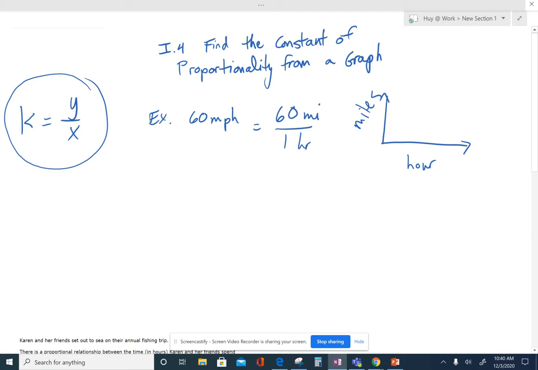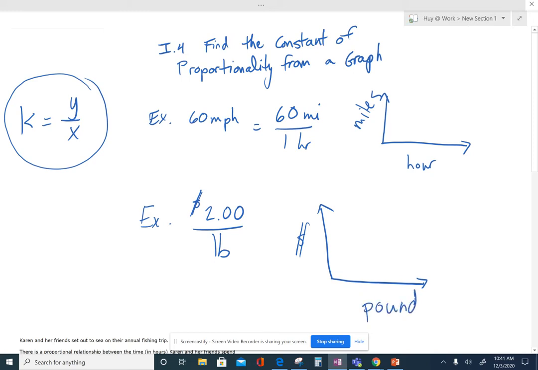There's other examples where, let's say, we're at the grocery store, and then say apples are $2 per pound, all right? $2 per pound. Again, we could graph that. We could say dollars per pound.